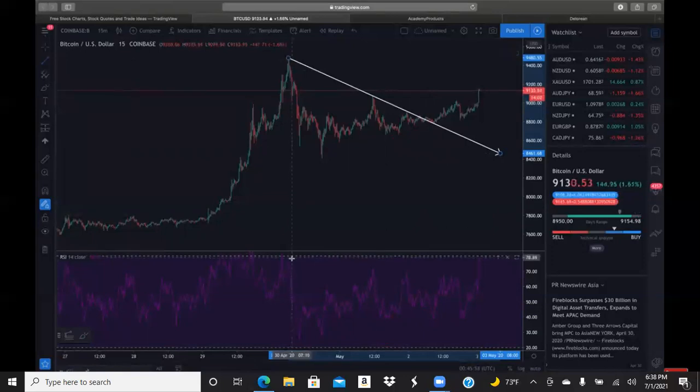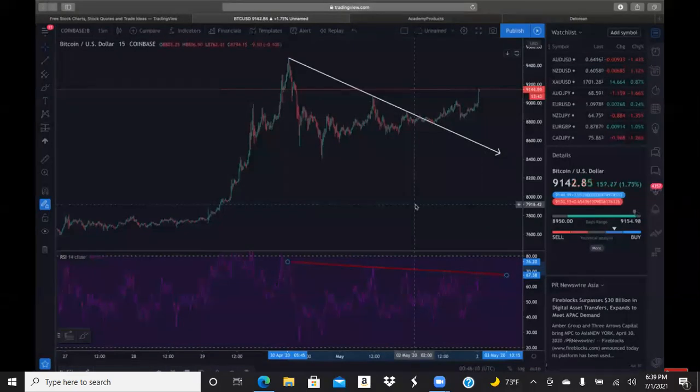Where are we at? Right here. All the way over. Okay. You'll notice in this case, the market broke this high and rallied out.